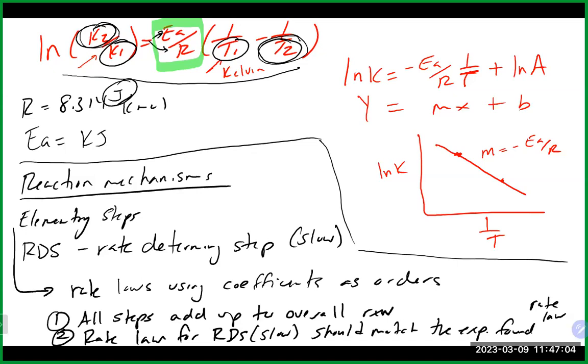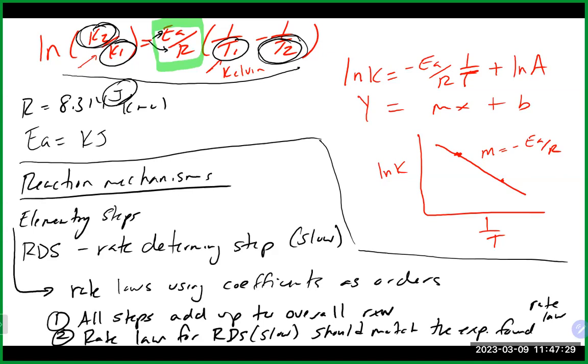Now, we saw a couple of problems where we have to sort of prove that. And remember that we cannot necessarily always directly compare the rate law for the rate determining step to the observed rate law or the experimental rate law, because in some cases, and we did a couple of examples last time, our rate determining step will have an intermediate in it. And when we write the rate law for the intermediate, as I mentioned, it's not really comparing apples to apples.